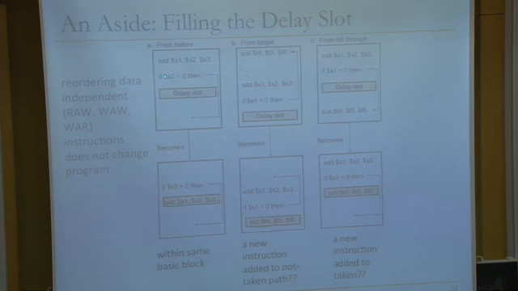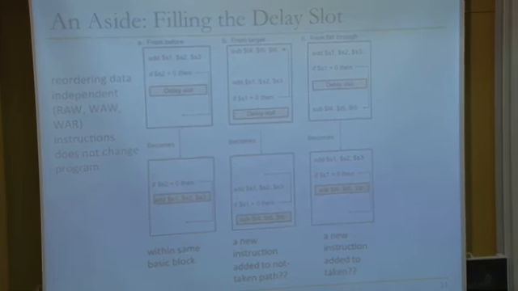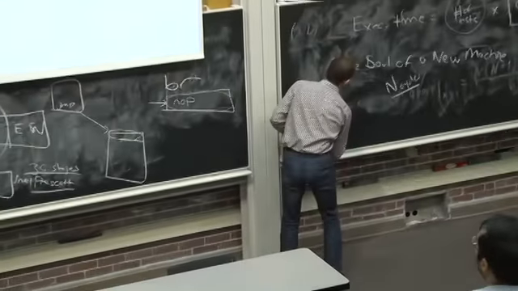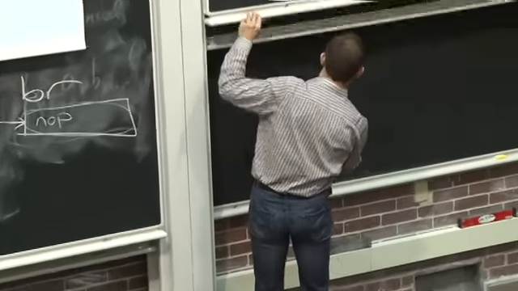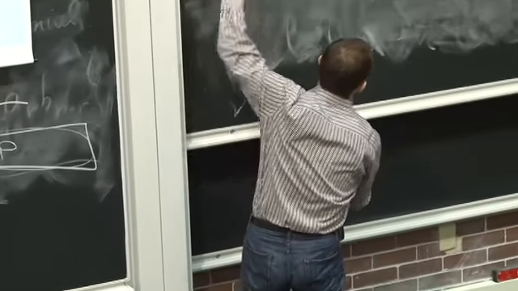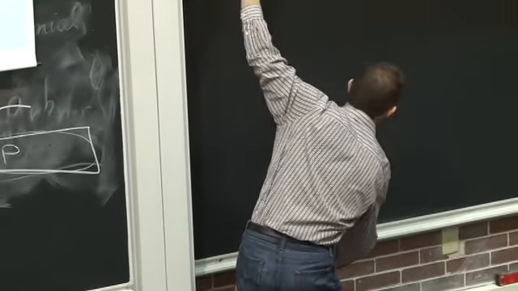Here you have the branch, and you have an instruction that's independent right before the branch. In that case, you can easily fill the delay slot with that instruction within the same basic block. But you can actually fill the delay slot with instructions that are not necessarily in the same basic block.